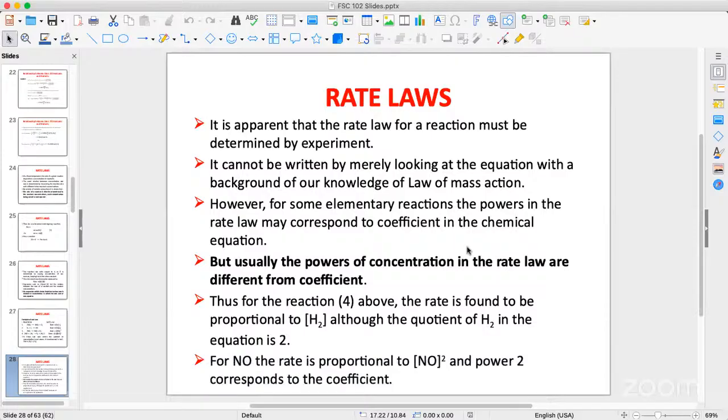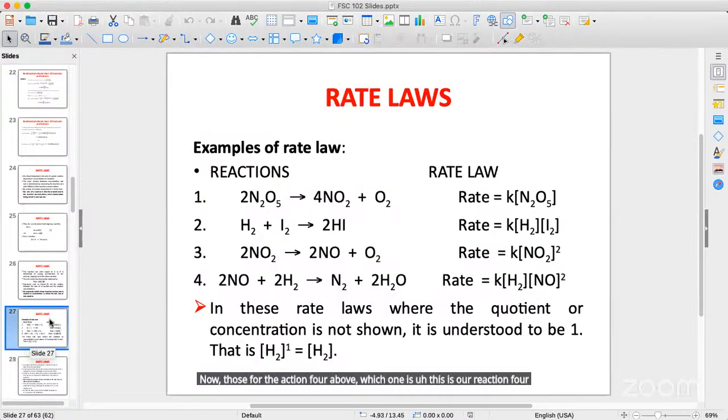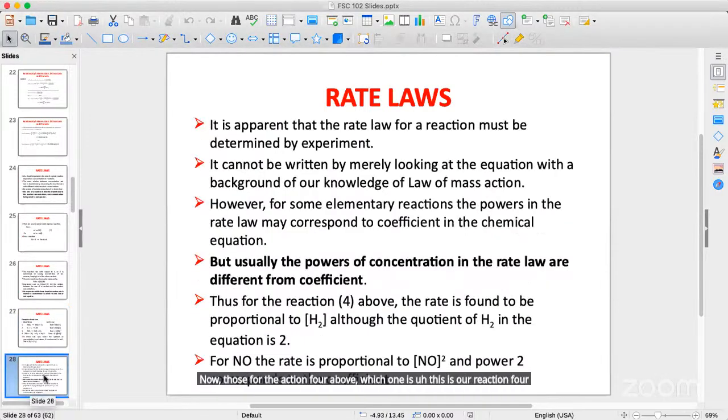Now, for reaction 4 above, the rate is found to be proportional to hydrogen concentration, although the coefficient of hydrogen in the equation is 2. For NO2, the rate is proportional to NO2, and the power corresponds to the coefficient.